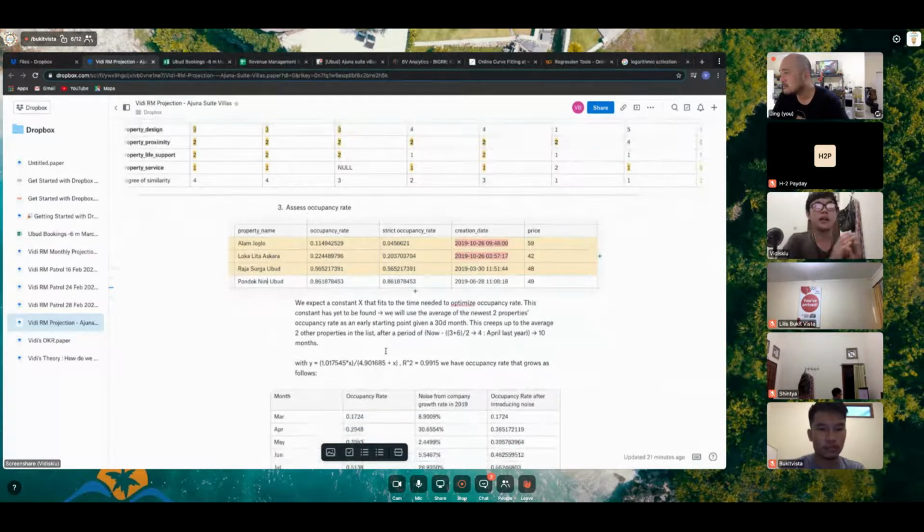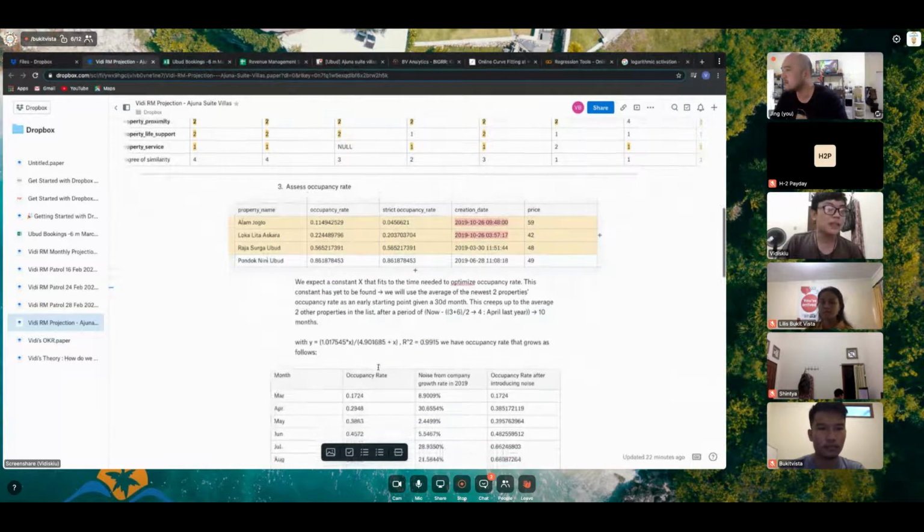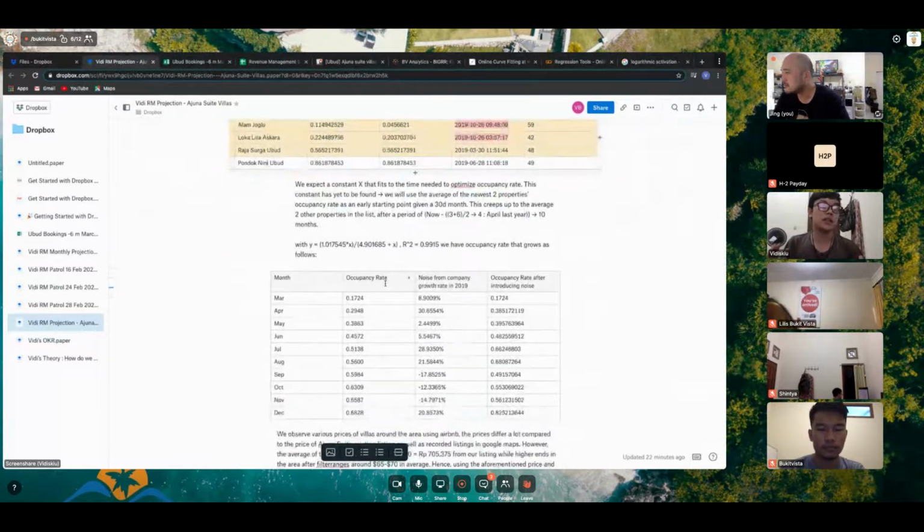And then I fit a logarithmic scale, because I expect our revenue management teams and content manager teams to adapt to it really quickly. So it's a logarithmic curve, and there I have an occupancy rate that is increasing as the months go by.